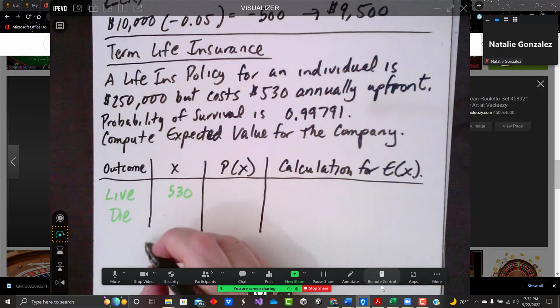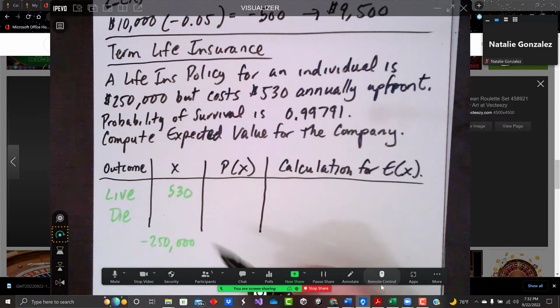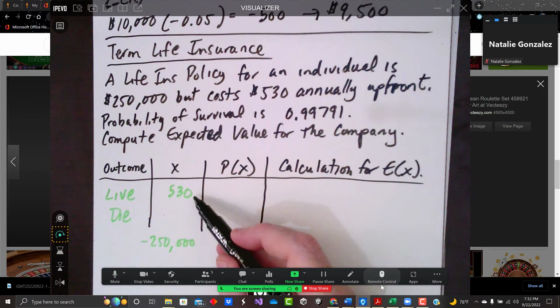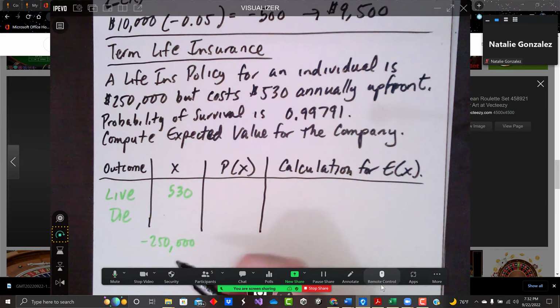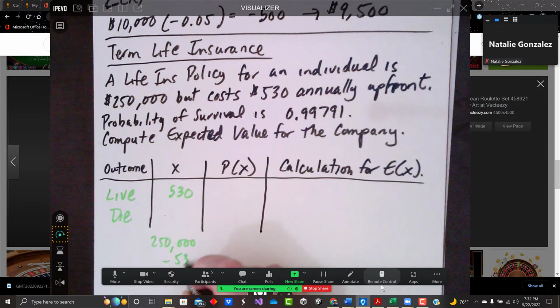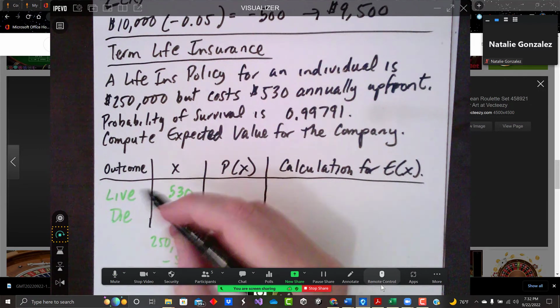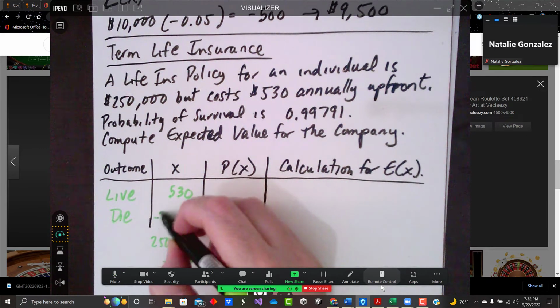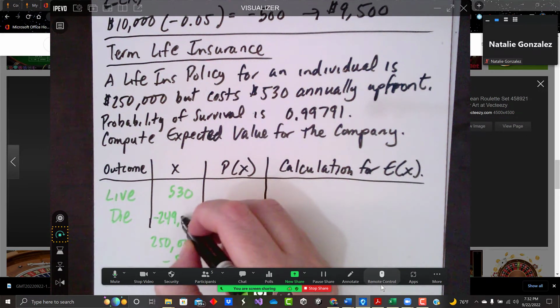So you kind of want to think it's negative 250,000, but they got to keep 530 already. They already collected the 530. They don't give the 530 back. So the net loss is 250 minus 530, and that's 249,470.